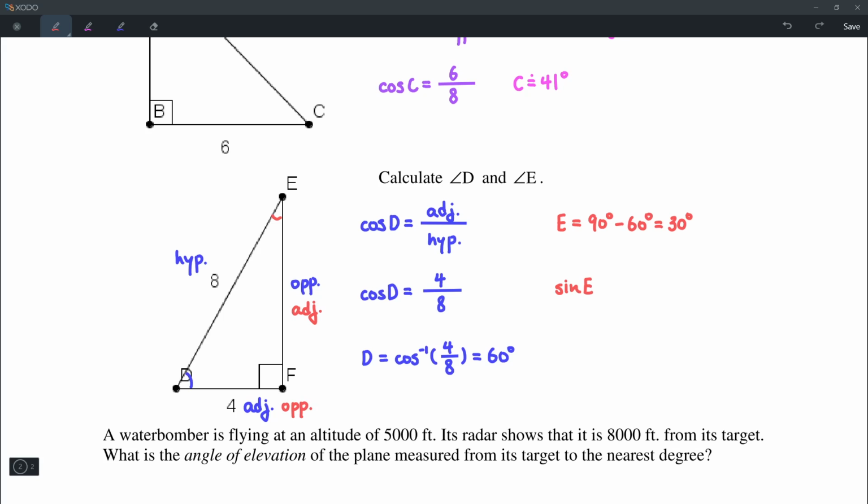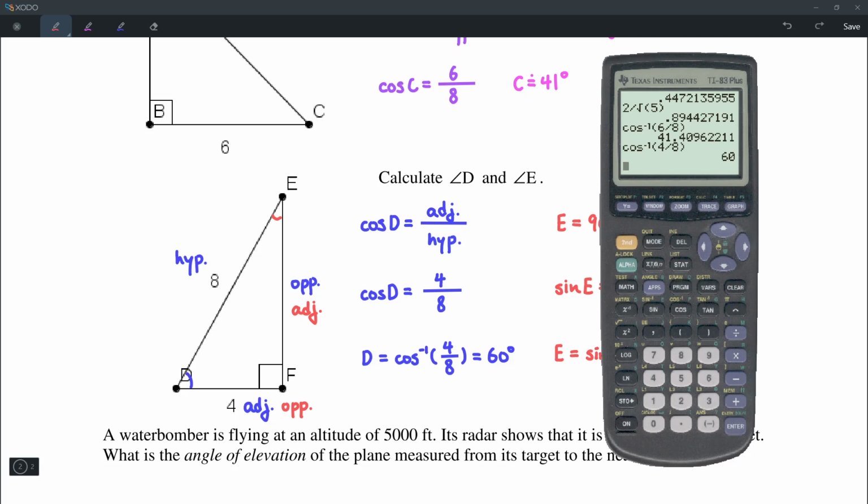So sine E is going to be equal to 4 over 8 as well, since the opposite side from angle E is 4, and the hypotenuse is 8. So E is going to be equal to inverse sine or arc sine of 4 over 8. And on the calculator, this gives us 30 degrees as well.